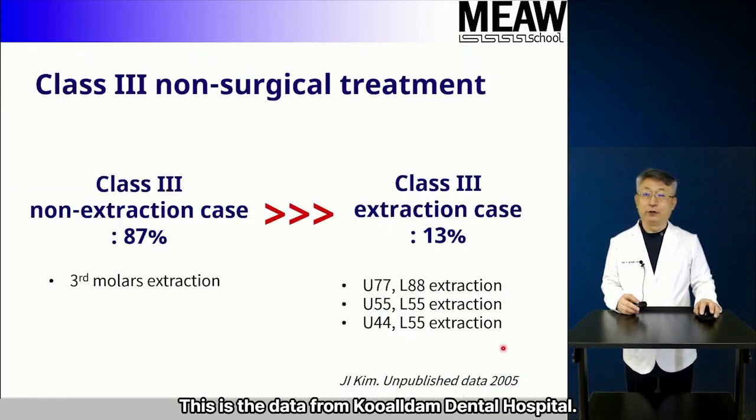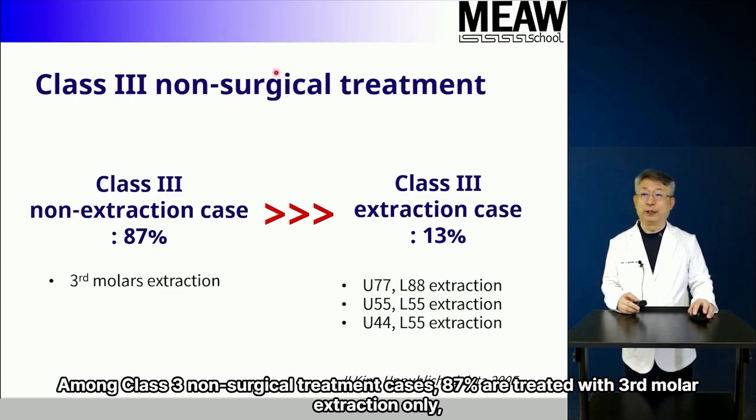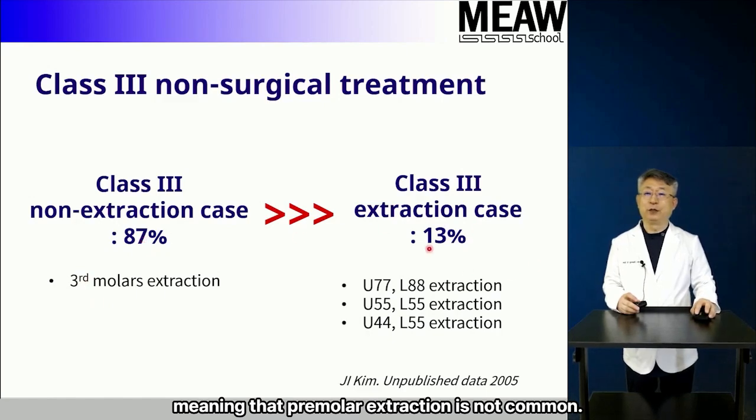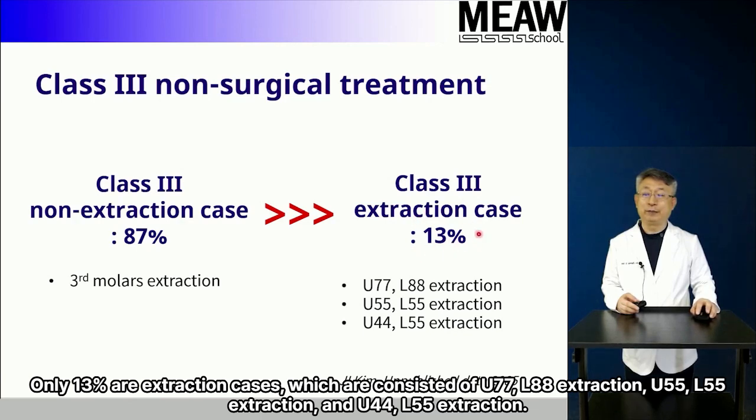This is the data from Cloudem Dental Hospital. Among class 3 non-surgical treatment cases, 87 percent are treated with third molar extraction only, meaning that premolar extraction is not common. Only 13 percent are extraction cases, which consist of U7 and lower 8 extraction, U5, L5 extraction, and U4, L5 extraction.